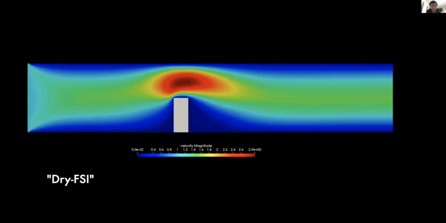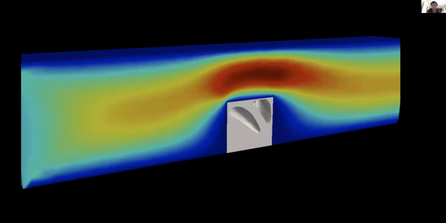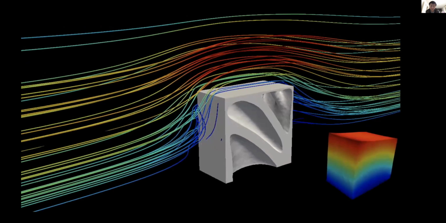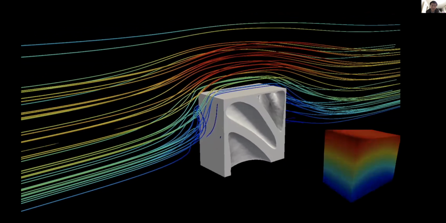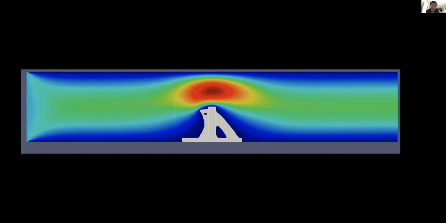And here we show a multi-physics testing example, the fluid structure interaction problem. So this is the 2D and 3D infill structure design. And this is a so-called wet FSI problem.